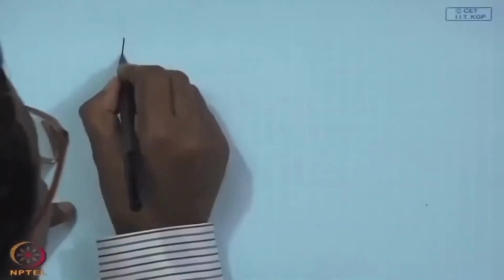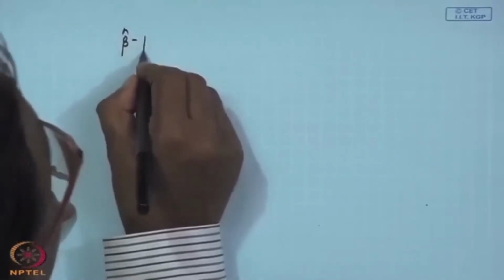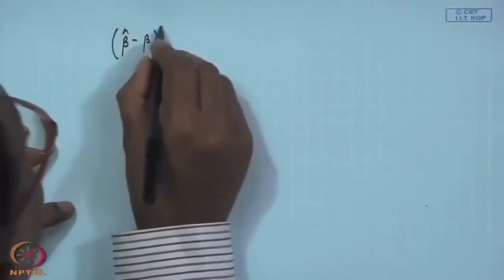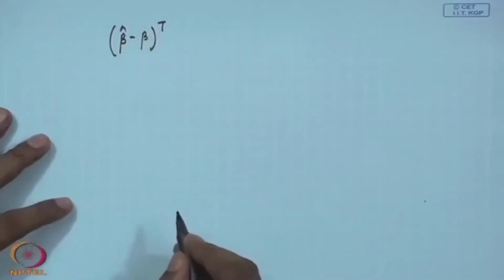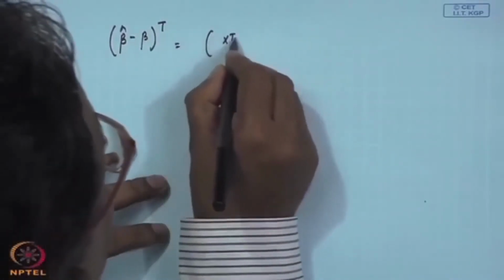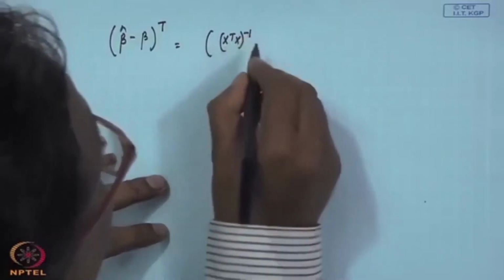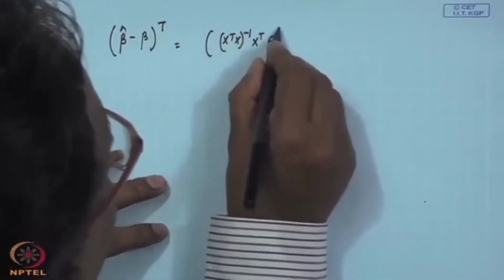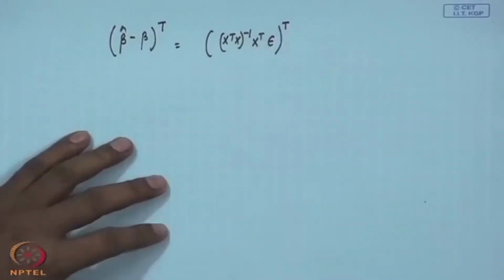Then for our covariance, what will be the second one? Beta cap minus beta transpose. So this one you can write as x transpose x inverse x transpose epsilon, transpose.